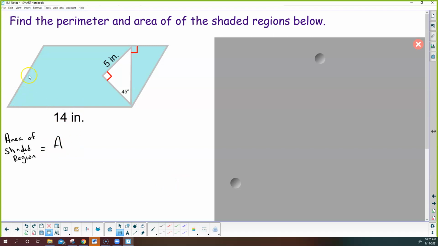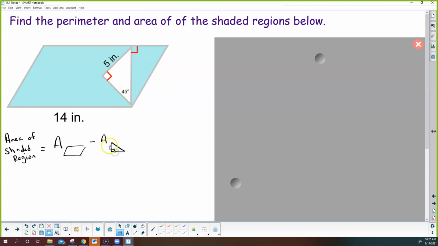It's the area of the big shape minus, what are we cutting out of it? I've got my blue shape that would be a parallelogram, but then I'm cutting out of it a right triangle.